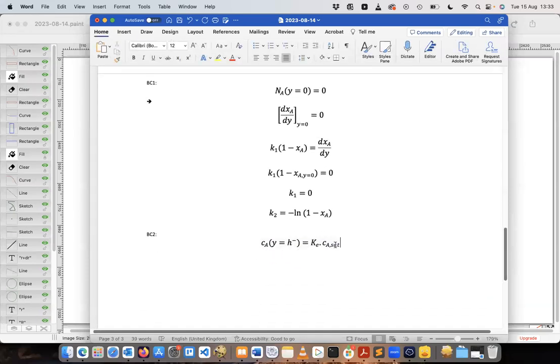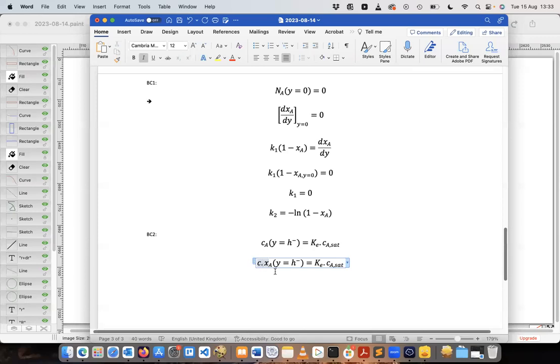And of course, both these concentrations are, well, not this one. Let's see, this one is in air. This concentration we can rewrite as a total concentration and a mole fraction. So we can say here this equation can be rewritten in terms of a total concentration times a mole fraction.